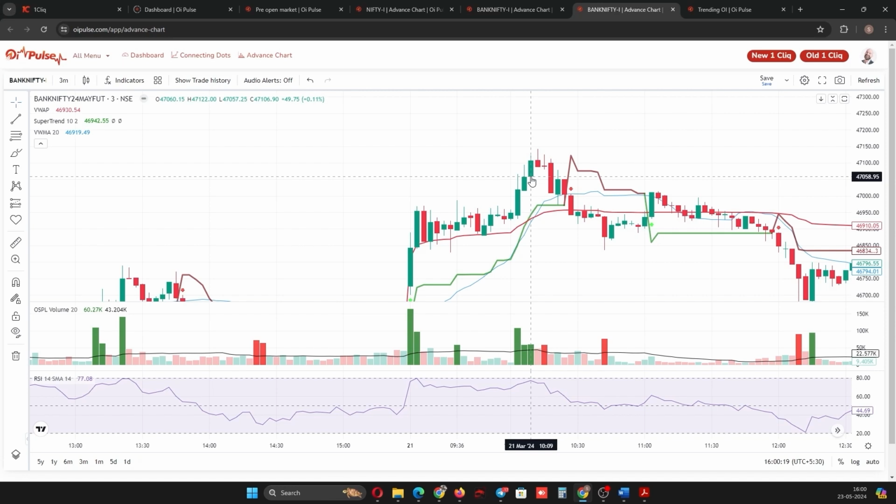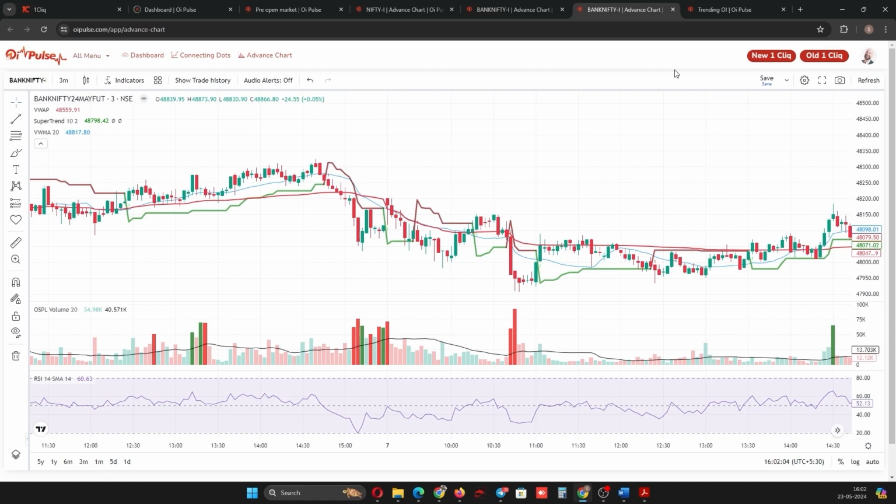If you are a non-averaging player, you would have avoided this trade itself. And you can see there is not much movement. We would have exited somewhere here as a scalper, but the market did not move higher because it is a low probability trade. In this video, we saw what is high probability and low probability on two candle theory.